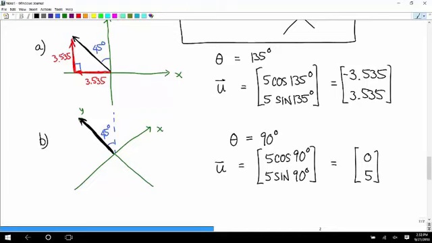Okay, so the reason I did this one where the vector lays right on top of the y-axis is that whenever you have a vector that lies right on top of either the positive or the negative axes, you don't have to calculate that.